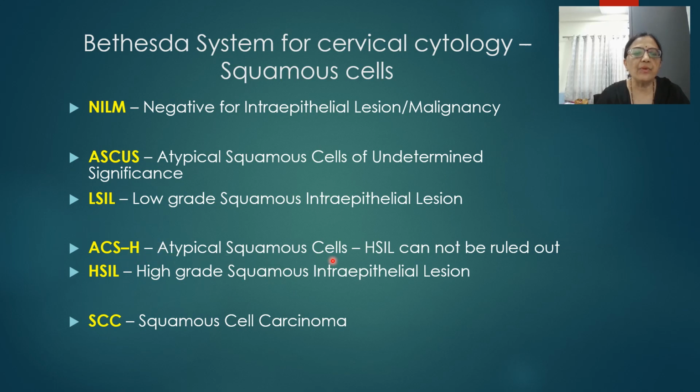ASC-H is atypical squamous cells where HSIL cannot be ruled out, and HSIL is high-grade squamous intraepithelial lesion. ASC-H as far as further treatment goes is the same as for HSIL. SCC is squamous cell carcinoma.